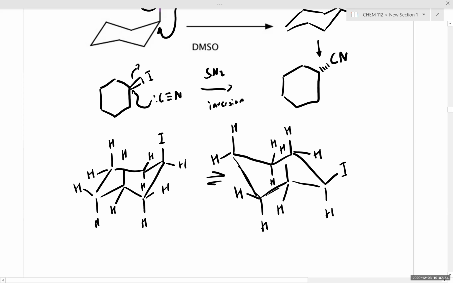And this is really informative to think about because it helps you, one, appreciate the fact that chair conformations are really important in terms of figuring out which conformation is most reactive. And two, it can help explain why in some cases, certain substrates react incredibly slowly via the SN2 mechanism.